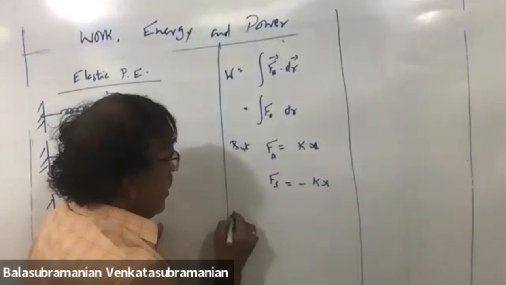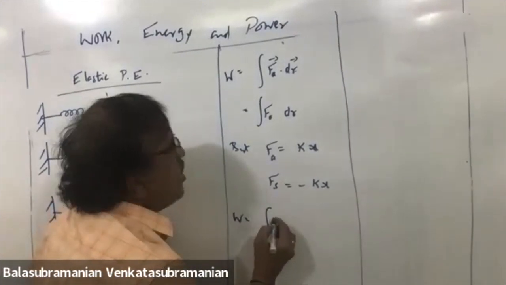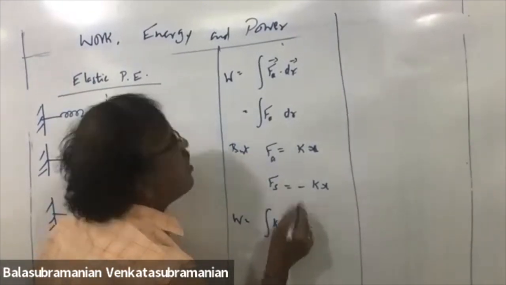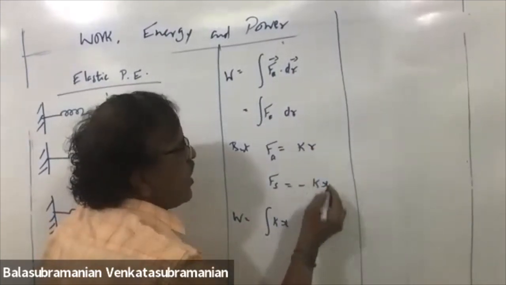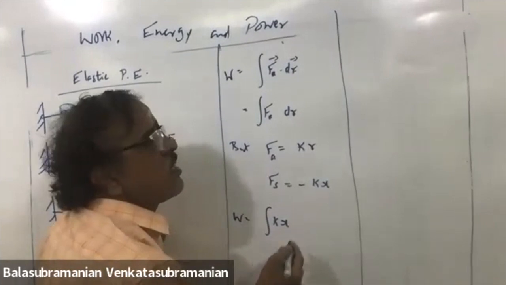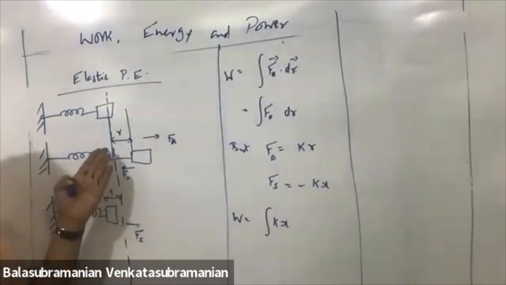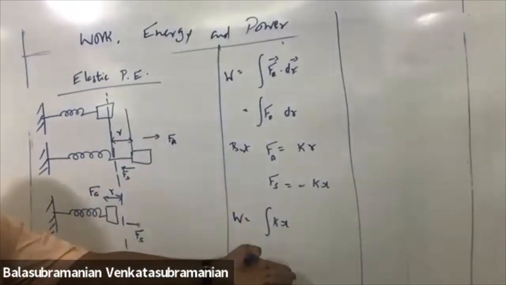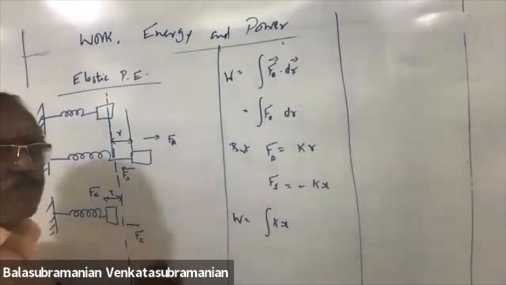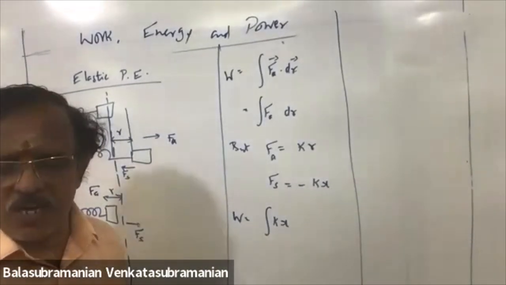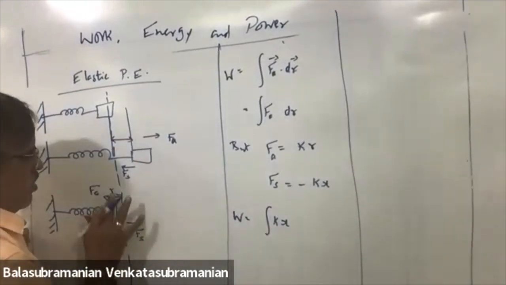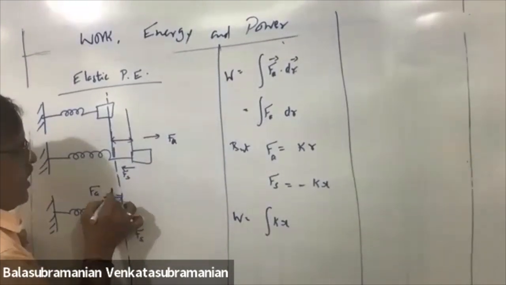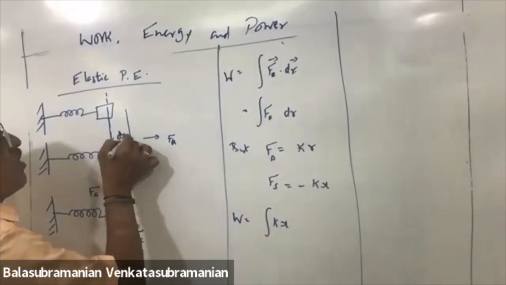So formula W is equal to kx. No, sir, r only. Okay, kr. If you want to put displacement as dx, here also you can put dx. Displacement dr, here also you can put dr, no worry. Dx only I am representing, sir.